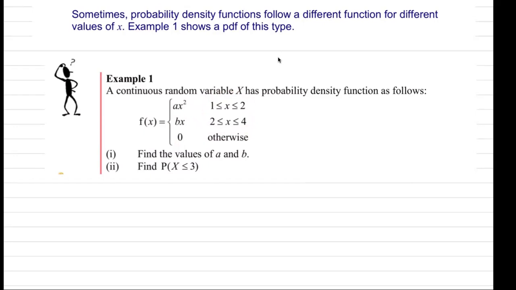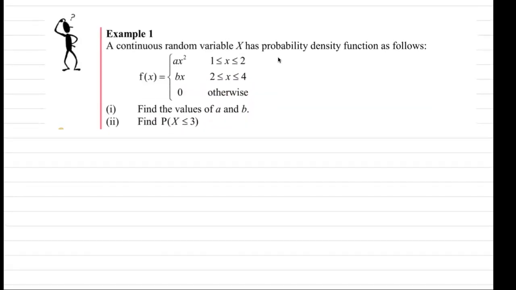We know that the total probability must be 1.